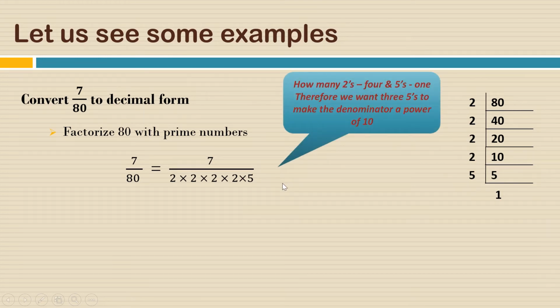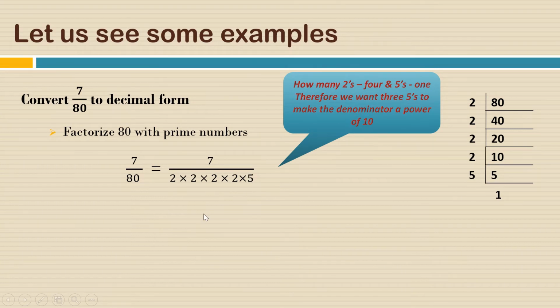We have 1 2 has 1 5. Remaining 3 2's have no 5's. Then multiply 3 5's. We get a power of 10.